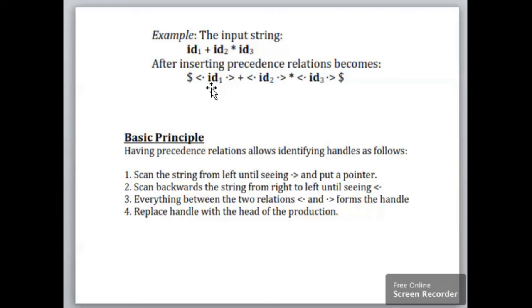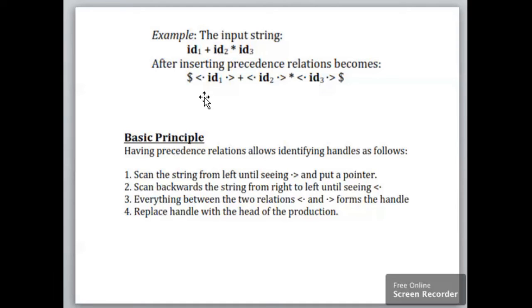If in this case I find it as E derives ID, it means ID would be reduced to capital E. Now once I have replaced this ID by capital E, it would be dollar capital E plus ID into ID dollar. Again I would be putting the precedence relations for the same set of inputs.